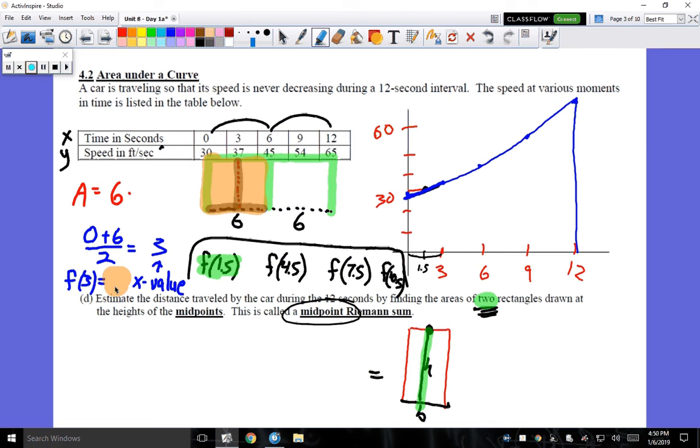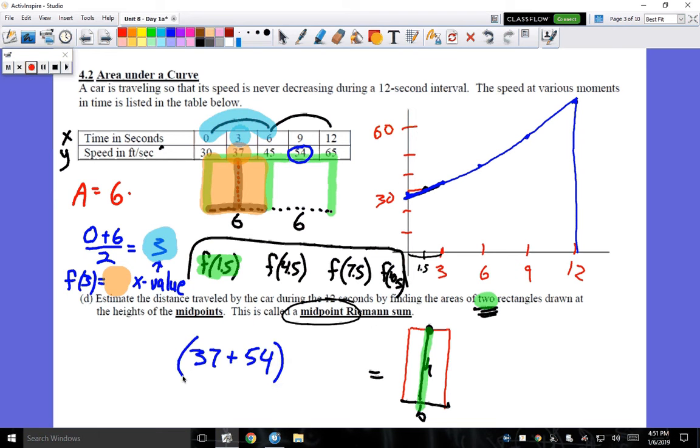In this case, we have 37, because our x value was 3, the midpoint between 0 and 6, but the y value would be 37. So you have 37 for the first one, and what looks like 54 for the next one.